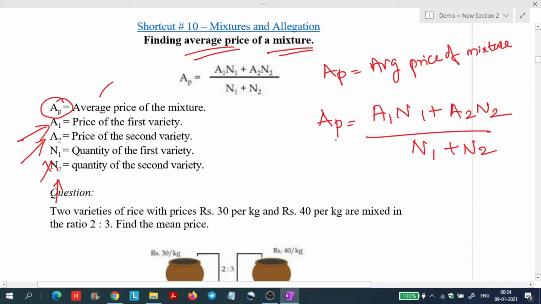So the average price of the mixture is AP equal to A1 into N1 plus A2 into N2, divided by N1 plus N2. AP is the average price of the mixture, A1 is the price of the first variety, A2 is the price of the second variety, N1 and N2 are the quantities of the first and second variety.